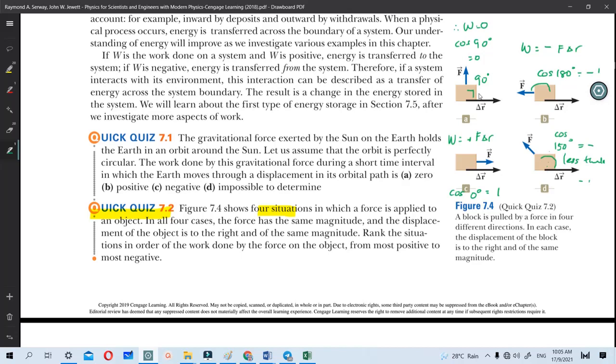Now, therefore, if you are to rank from the most negative to the most positive, either use this method, or you can substitute that force is equivalent to 1 and delta R is equivalent to 1 and try with each angle. You will find that the ranking from the most positive will start with C, the largest one, followed by A, because it's 0, this is 0, this is positive.